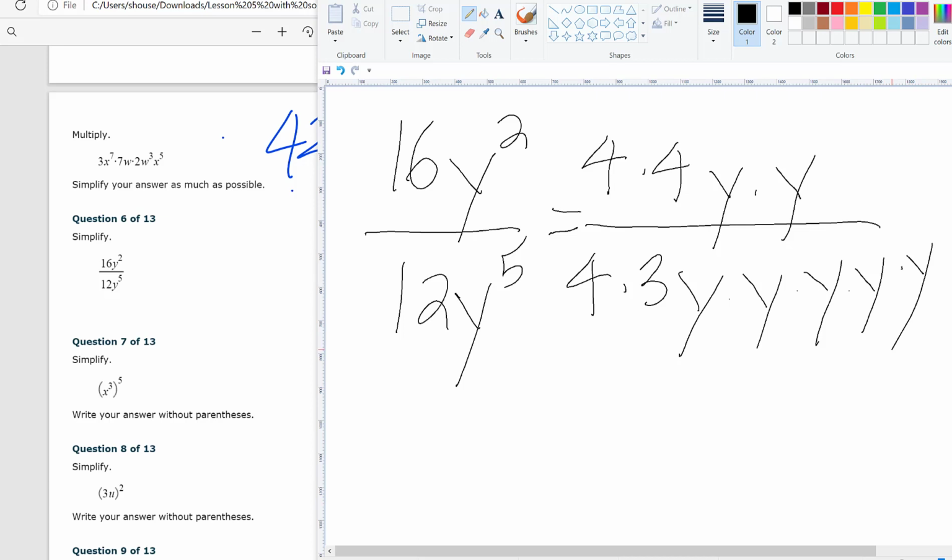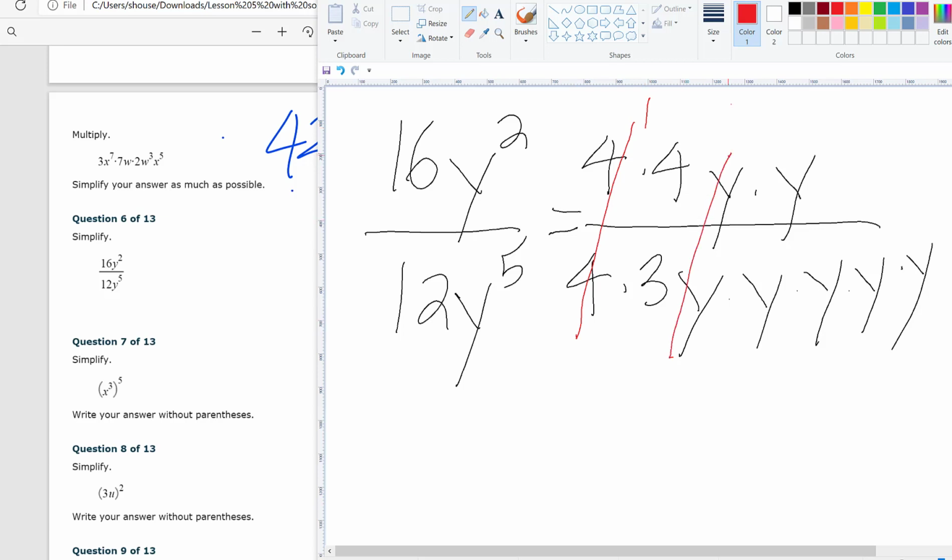Now I don't have to do it this way, but I want to do it this way just to show you why this works. We've got all multiplication on the bottom and all multiplication on the top. Nothing added or subtracted. That means I have the ability to divide numbers that are alike. 4 goes into 4 one time. 3 won't go into 4, so I'll skip that.